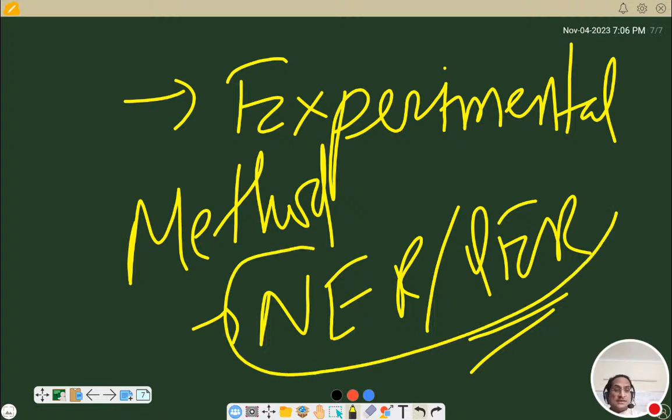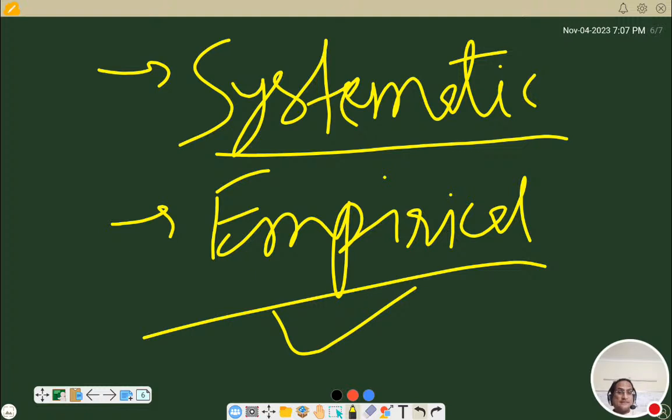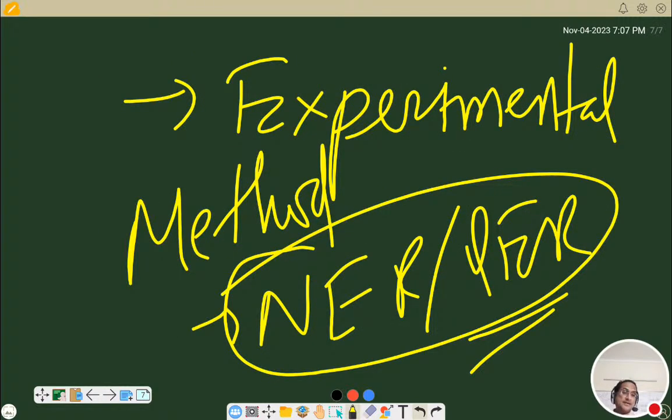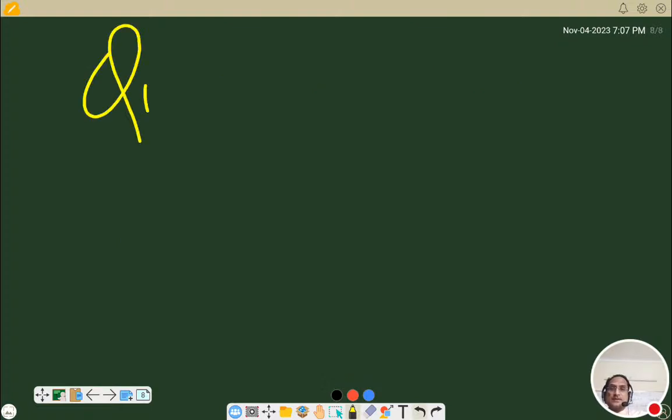In these methods and other descriptive methods like case study, interview, questionnaire, the way is not quantitative, but still it is empirical. That is, we have something to support, we have the evidence. The evidence can be collected either in a quantitative method or in a qualitative method.